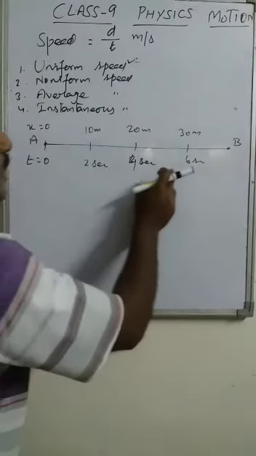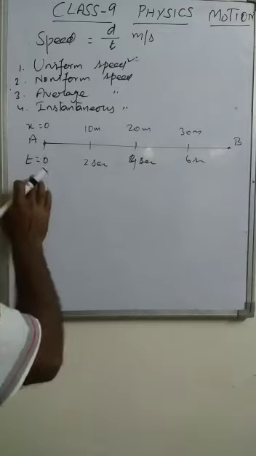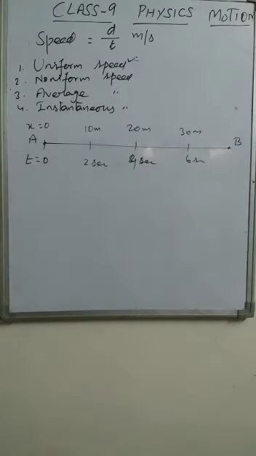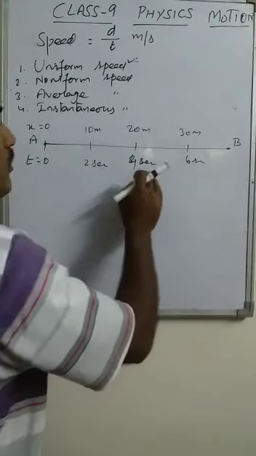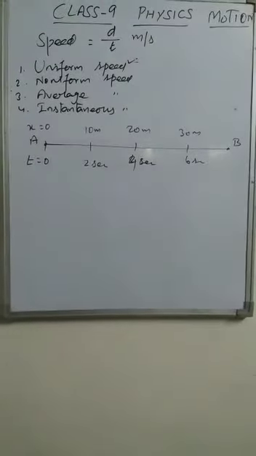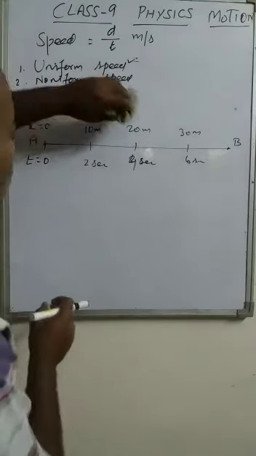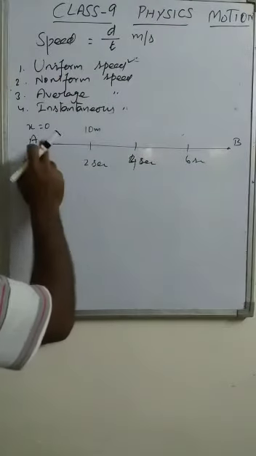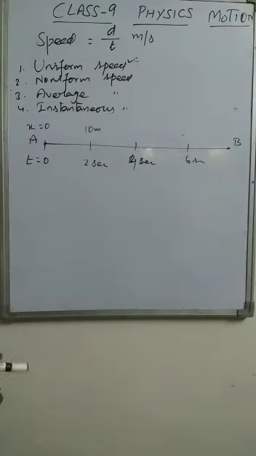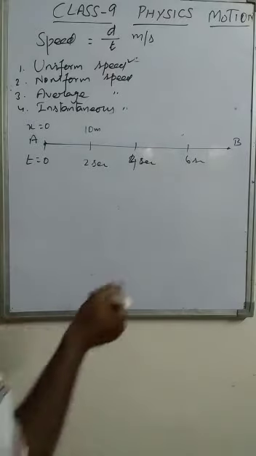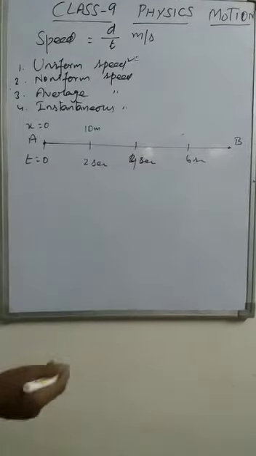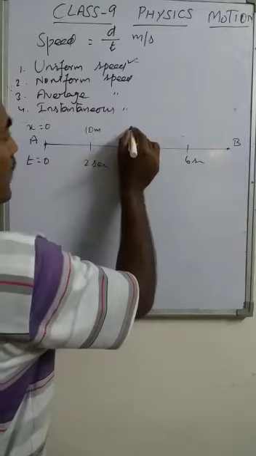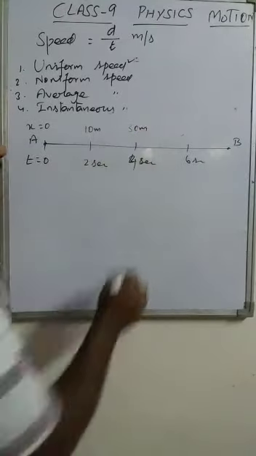For that, if we take the values, again we take the same interval, the starting time is 0, then 2 seconds, 4 seconds, 6 seconds, and we measure the positions. From 0 to 2 seconds, the position changes from 0 to 10 meter. Then in 4 seconds, its position becomes 30 meter.